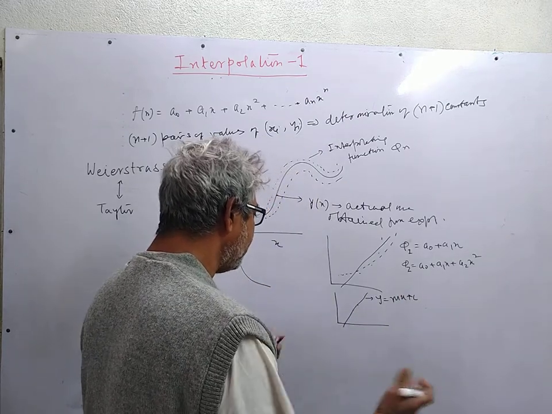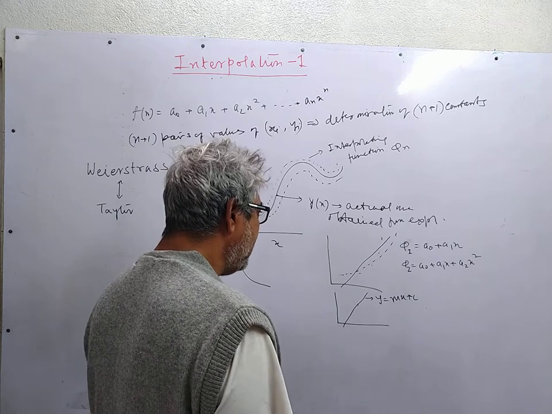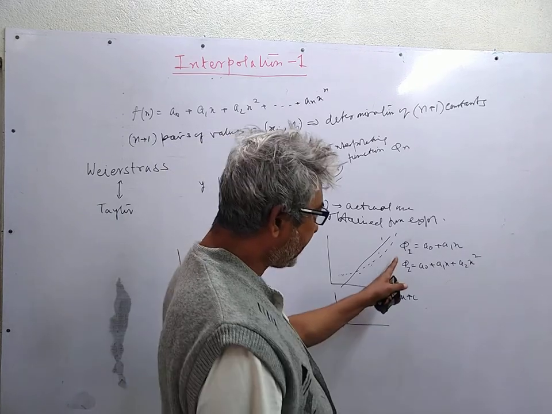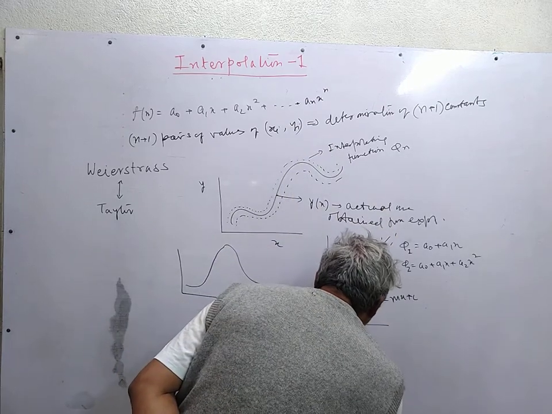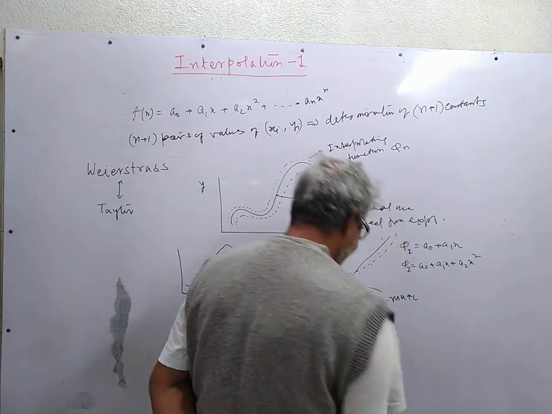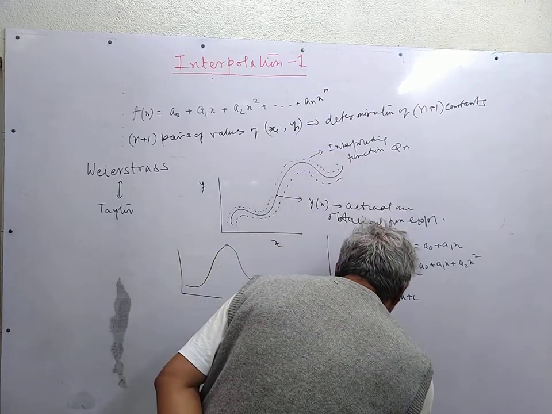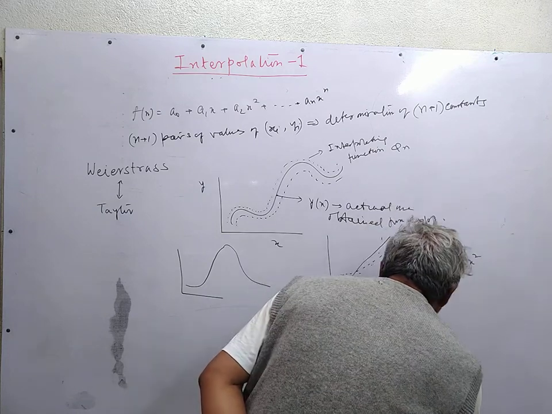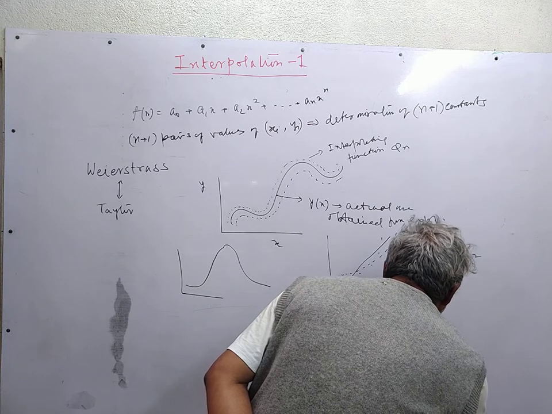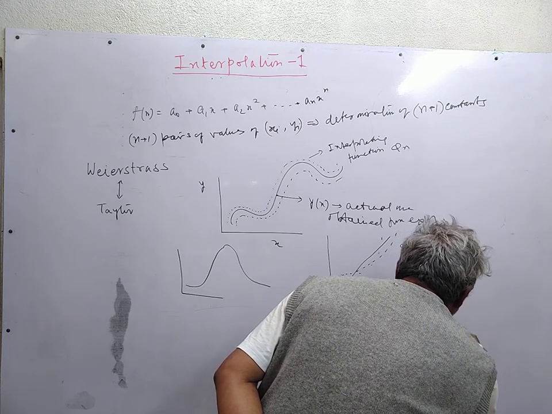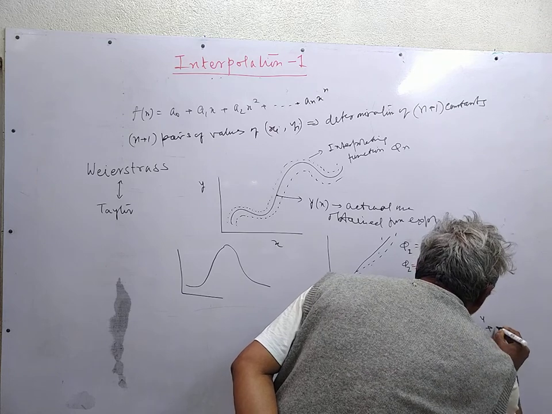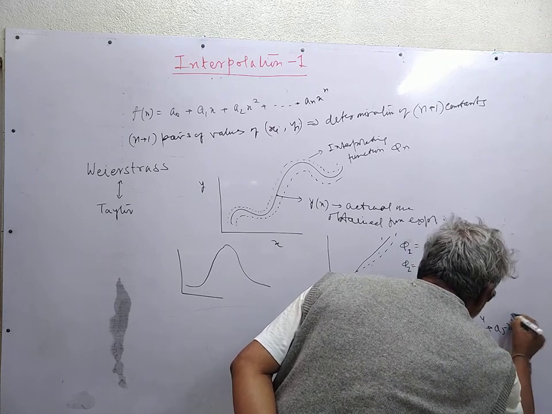Say, for example, we are provided with 6 pairs of data. Then we approximate phi n by a polynomial of degree 5, and we write it as a0 plus a1x plus a2x square plus a3x cube plus a4x to the power 4 plus a5x to the power 5.